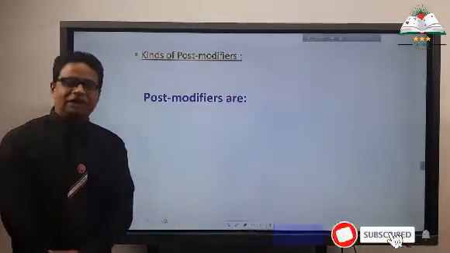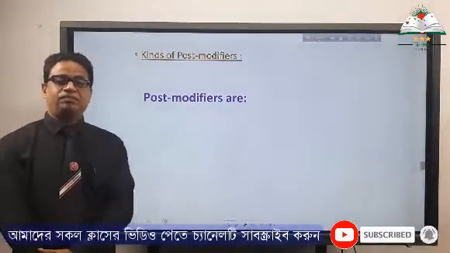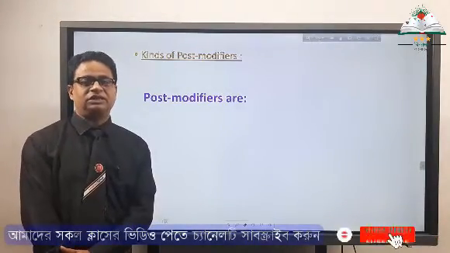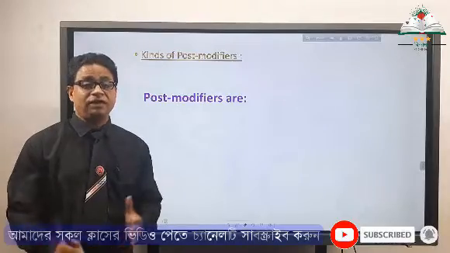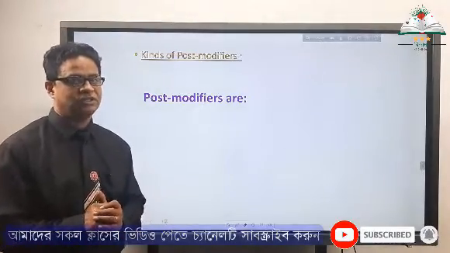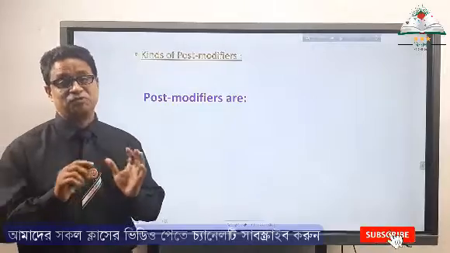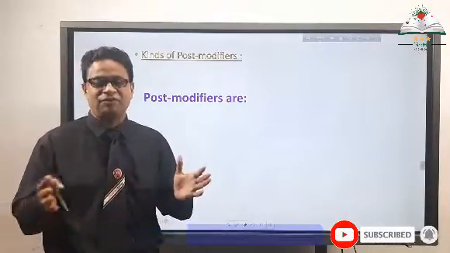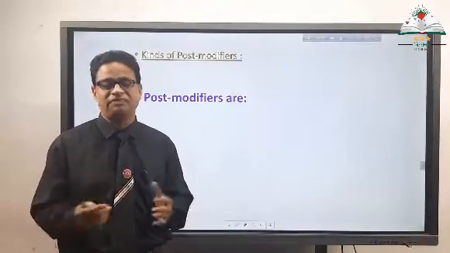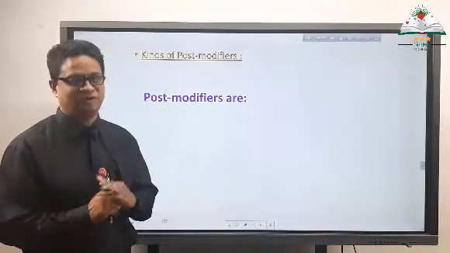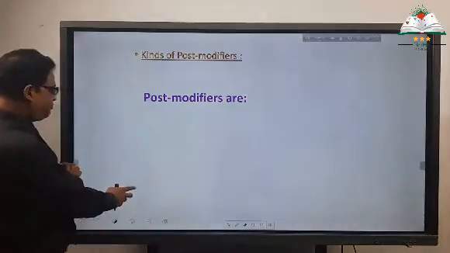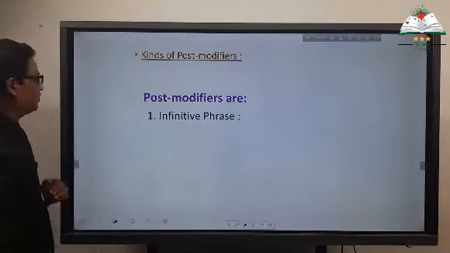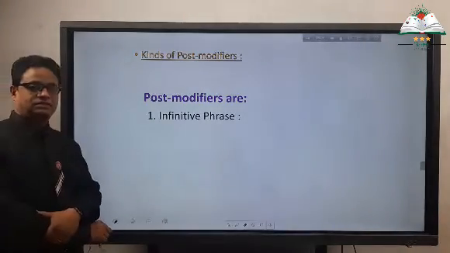Now we will learn the kinds of post-modifiers. This will be very important for you, because if you want to write good English, and if you want your sentences to be very colorful, very interesting, very informative, then you need to learn post-modifiers also. Post-modifiers are: number 1, infinitive phrase.